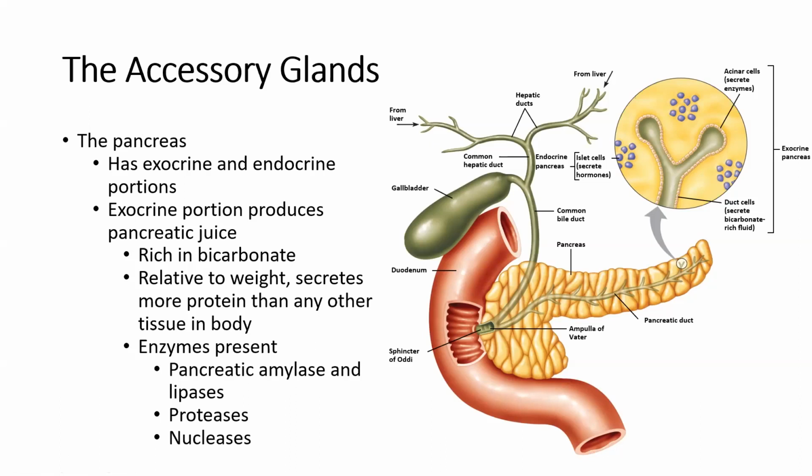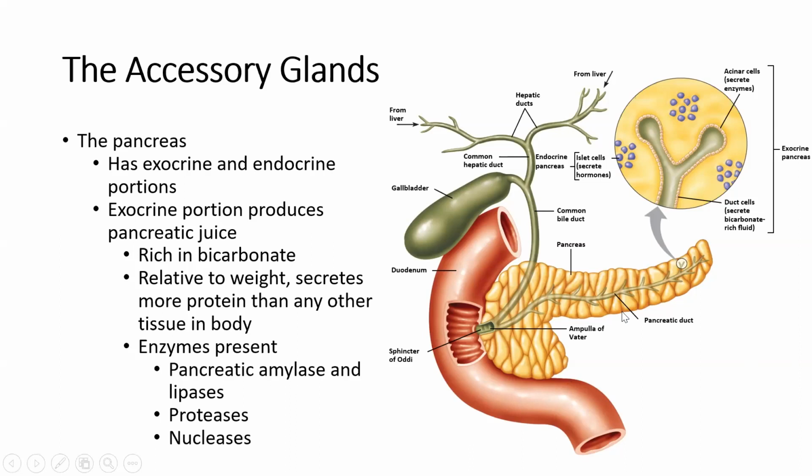So the fluid that's coming out from the pancreas is rich with enzymes, and relative to its weight and its size, there's no other gland that secretes as much protein as the pancreas does. Remember, enzymes are proteins themselves, right?